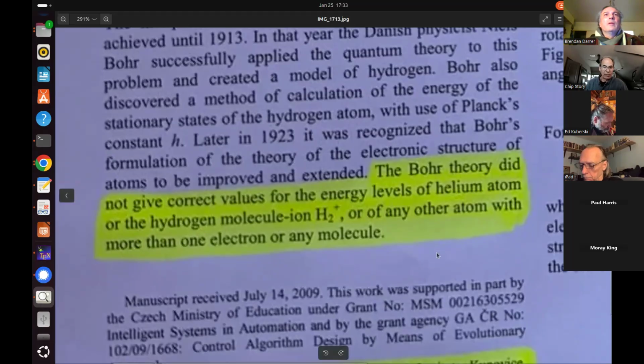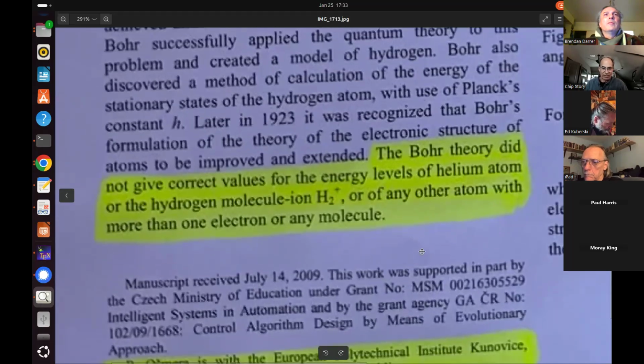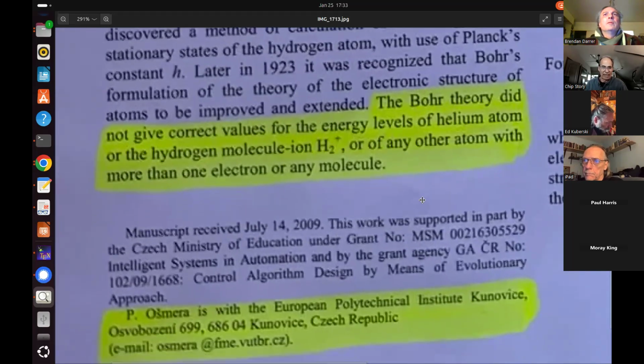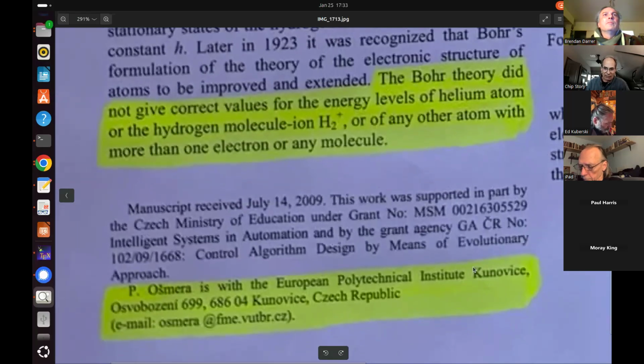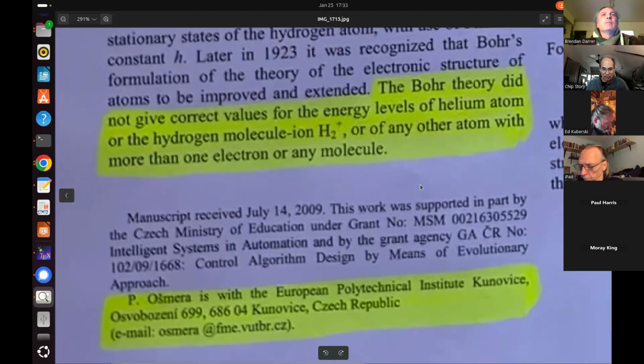Later in 1923, it was recognized that Bohr's formulation of the theory of the electronic structure of atoms could be improved and extended. The Bohr theory did not give correct values for the energy levels of the helium atom or the hydrogen molecule ion, H2+, or of any other atom with more than one electron or any molecule.